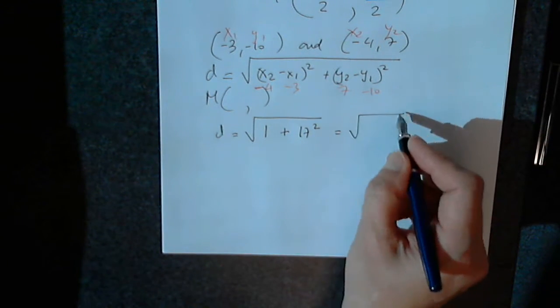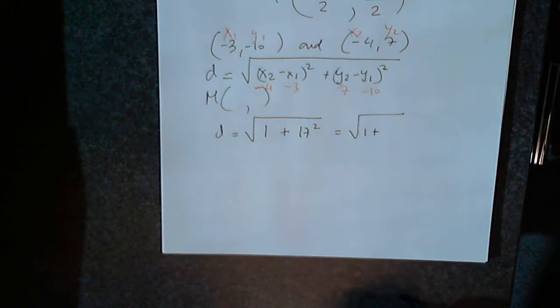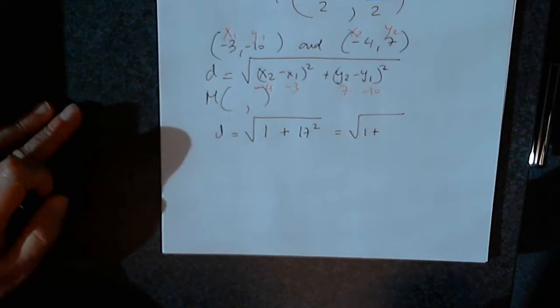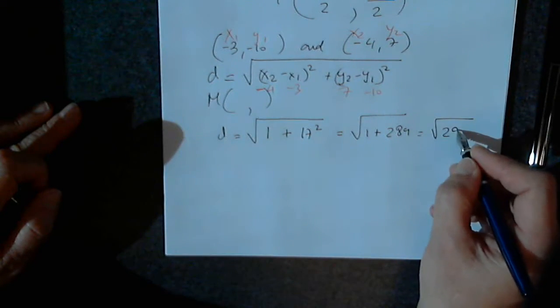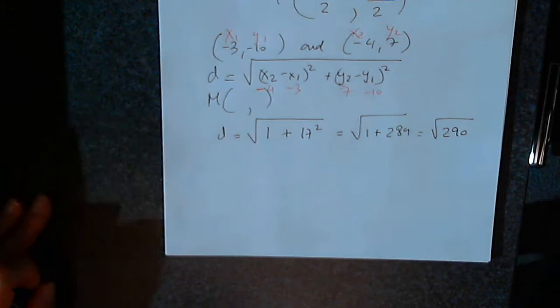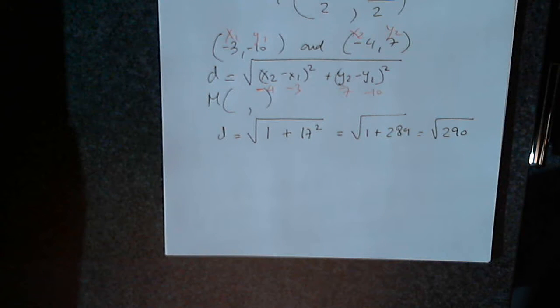So this is the square root of 1 plus... how much is 17 squared? Very good. So this is the square root of 290. Since 29 is a prime number and 10 is 2 times 5, you cannot further simplify the square root of 290. This is it.